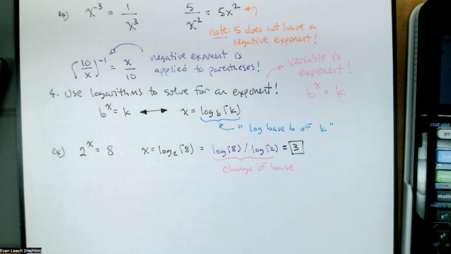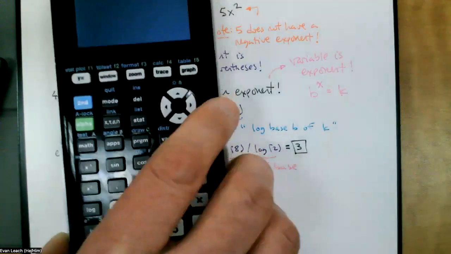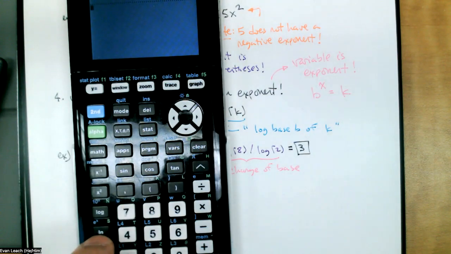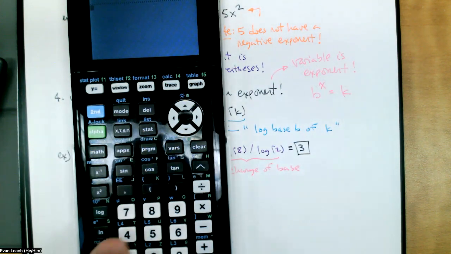Yes. No, as long as we're consistent in the base, because ln is also a logarithm. ln is log base e, called the natural logarithm.